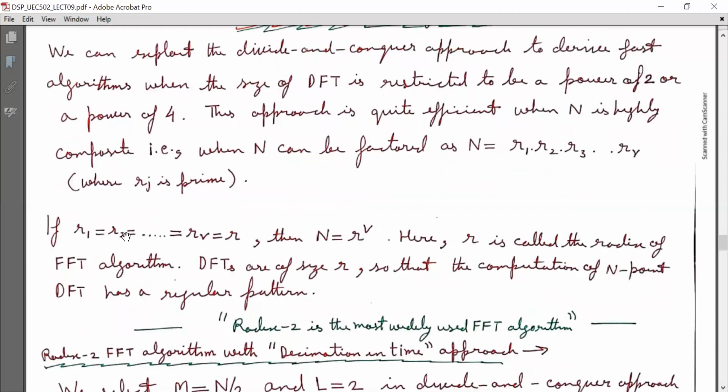If R1 is equal to R2 is equal to Rv is equal to R, then N can be expressed as capital N is equal to R raised to power v. Here R is called the radix of the FFT algorithm. DFTs are of size R, so that the computation of the N-point DFT has a regular pattern.